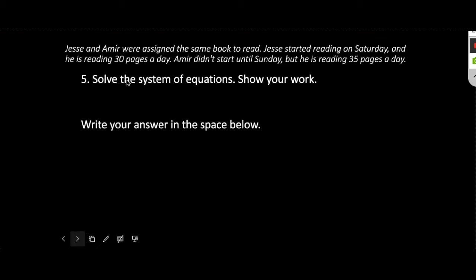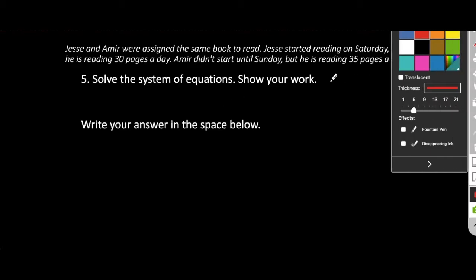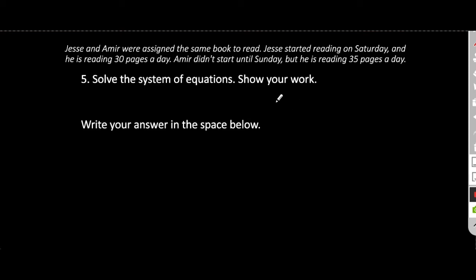So now we need to solve the system of equations. And then, Mr. G likes you to show your work, so let's do that. So 35x is equal to 30x plus 30.